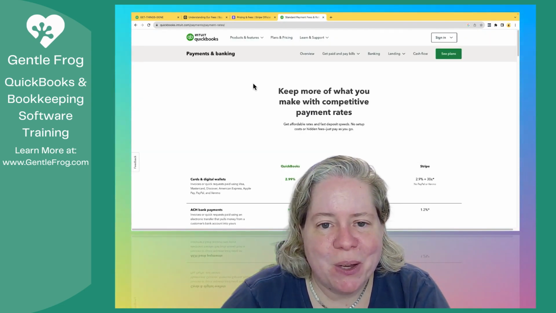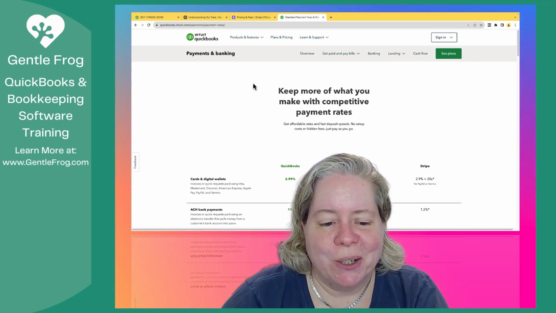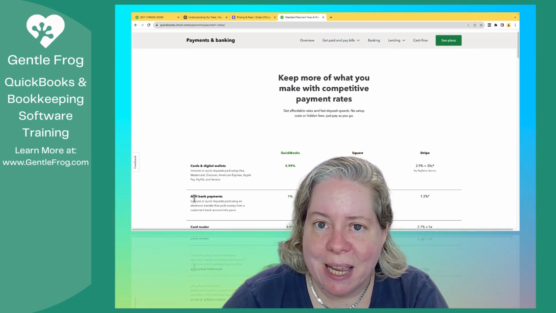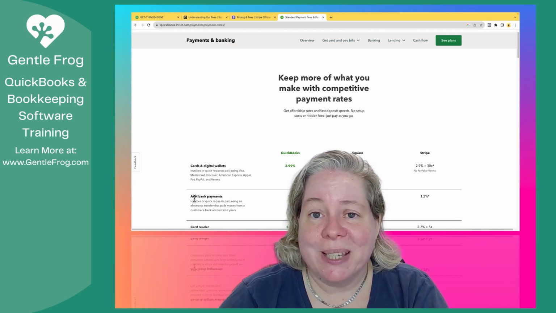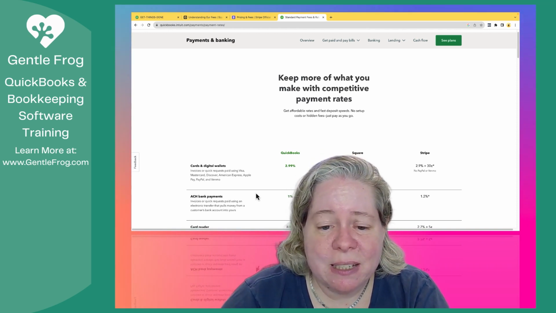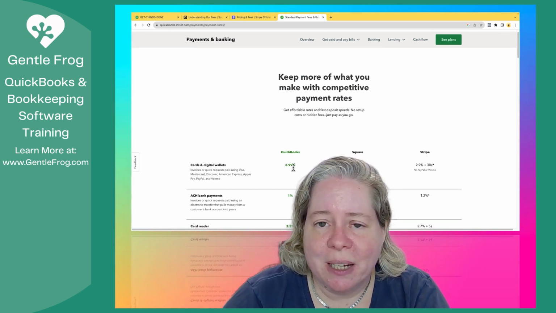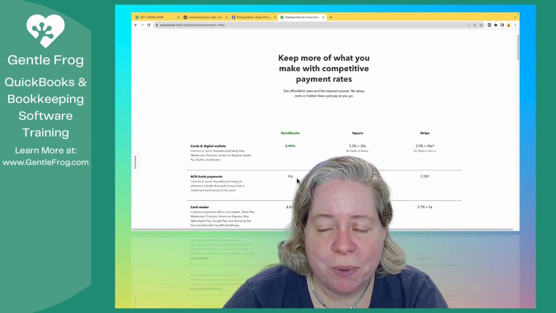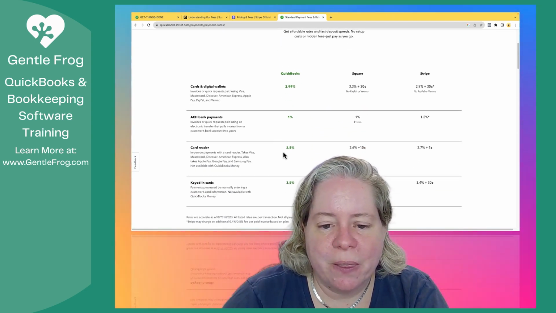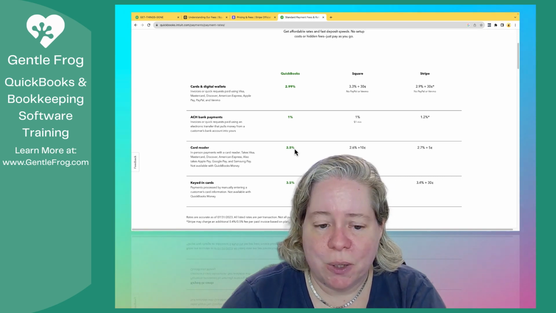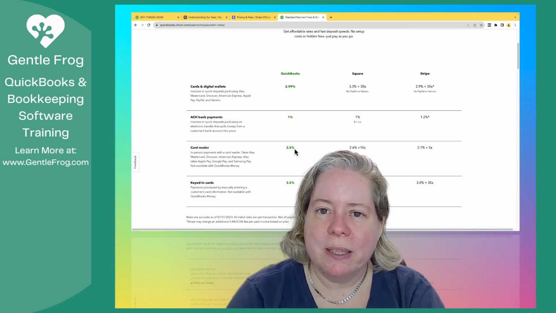I think that I've somehow managed to get to the US site here, and I think that because it says ACH down here, whereas if I was looking at the Canadian site, it would say Interac. But it's showing 2.99% for credit card, 1% for ACH. A card reader gets a slightly lower price. You know what that is.